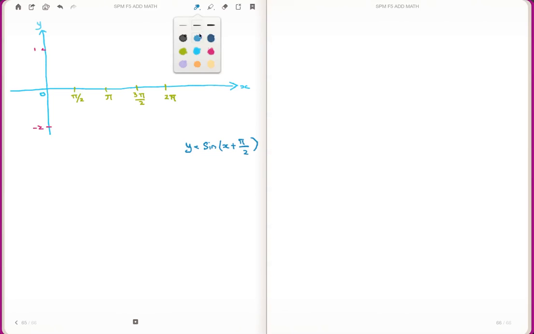So first of all, the rule of thumb is always sine x. Your working curve will still be sine x. So for sine x, all you have to do is: sine 0 is 0, sine 90 is 1, sine 180 is 0, sine 270 is negative 1, and 360 is 0. Oops, sorry, I accidentally wrote this wrongly. Apologies for that.